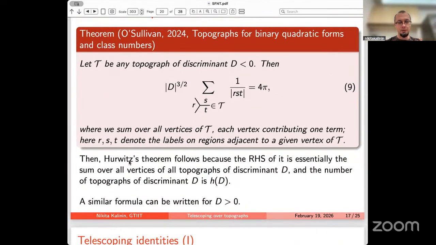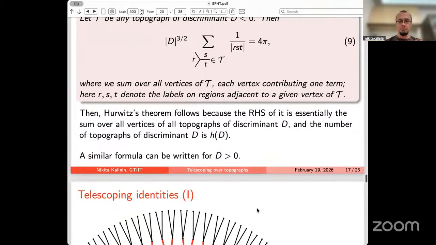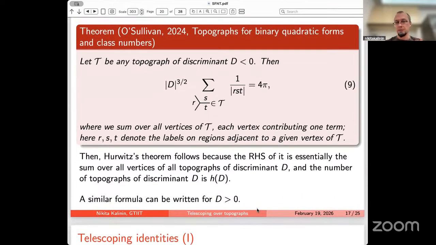And you can do similarly for positive discriminant. Well, the proofs are not that easy. You need to compute some integrals over some paths on the upper half plane and do some computations which are not very transparent, at least for me.